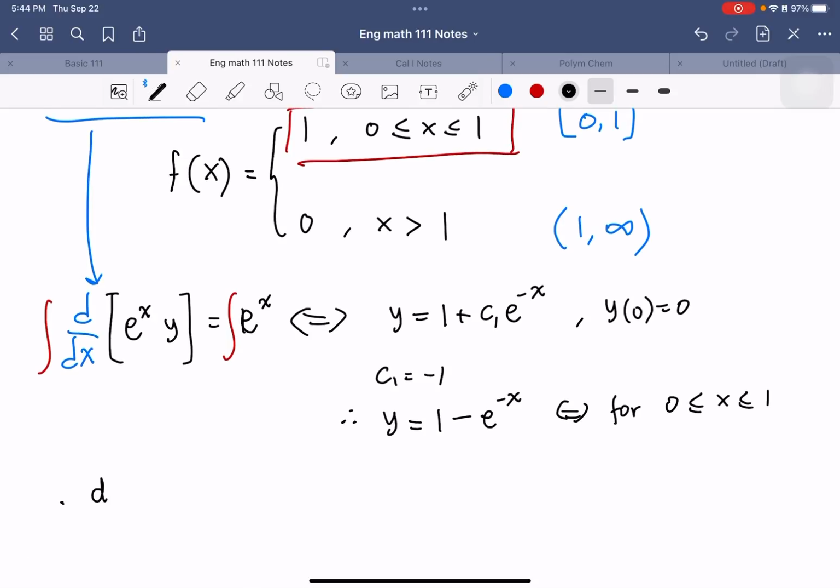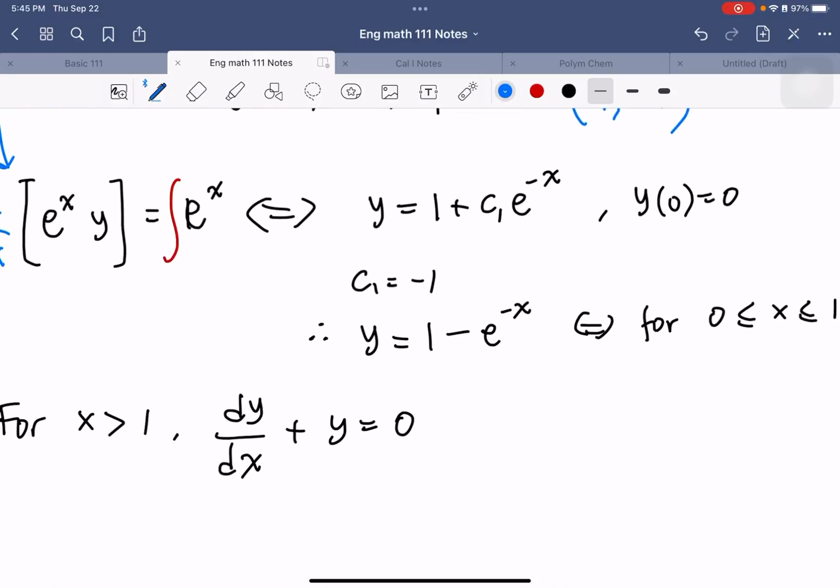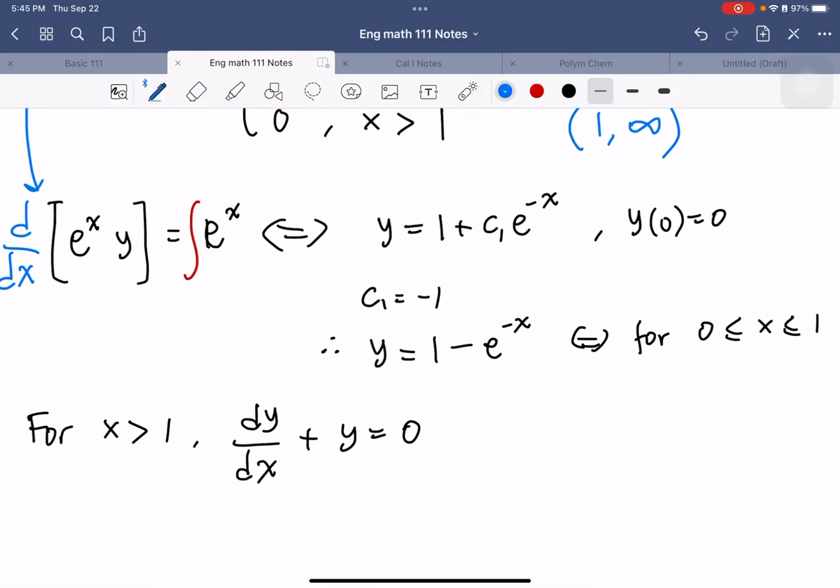So for the other solution, let's write for x greater than 1, then we get dy over dx plus y equals 0. In the same way, since it's just 0, we can simplify it easily and just integrate, resulting in y equals, let's use C2 for this constant, this.